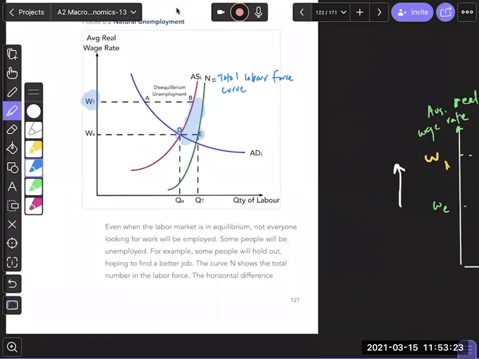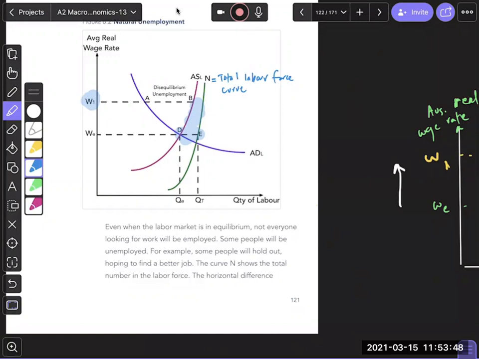An economy in full employment may still have some unemployment, and that's called equilibrium unemployment. Equilibrium unemployment is basically of people who are in between jobs. For example, I'm an actor, I just finished my movie, and a new movie is about to start, but I'm right now unemployed. That's called equilibrium unemployment. Makes sense?